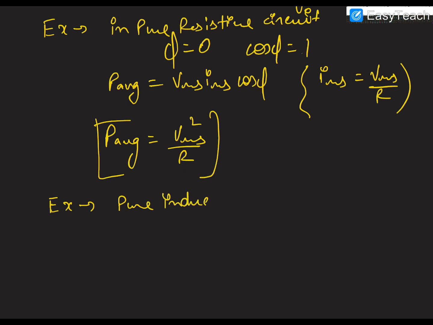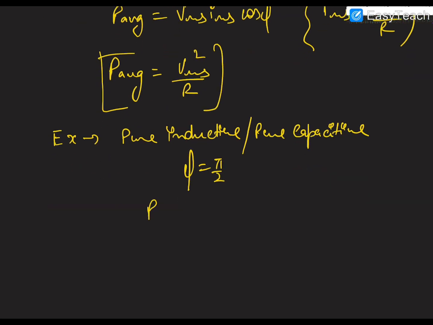Now if we talk about pure inductive or pure capacitive circuits, in these circuits phi is pi by 2, cos 90 is 0, and therefore we can say that the average power loss in these circuits will be 0.